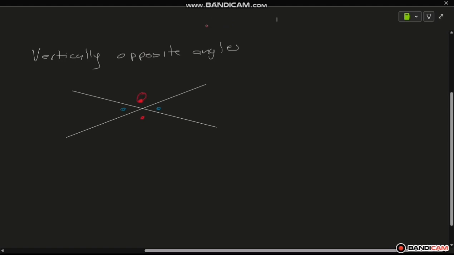The red ones are vertically opposite, meaning that they are equal, and even the blue ones are also equal. Let's say we have 30 right here, y, 70, and x. So x equals 70, the reason being vertically opposite angles, or vert opp angles, and y equals 30, again because of vertically opposite angles. We don't care whether the line segments crossing each other are parallel or not. I hope that makes sense.